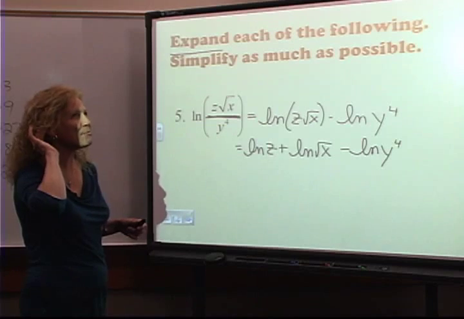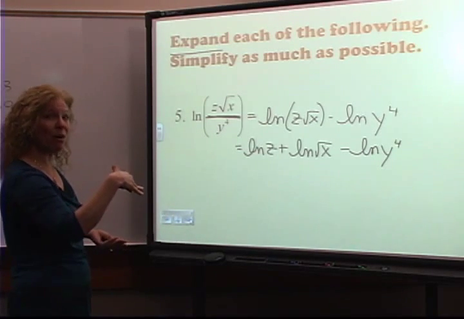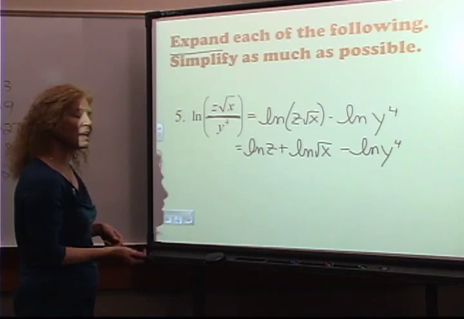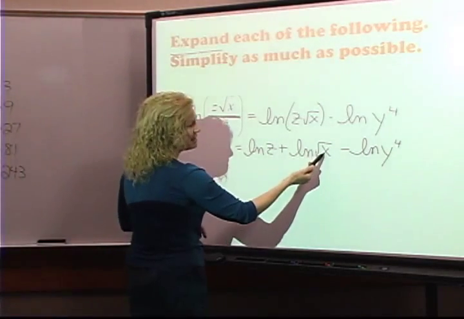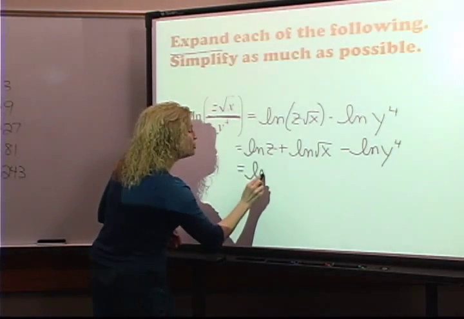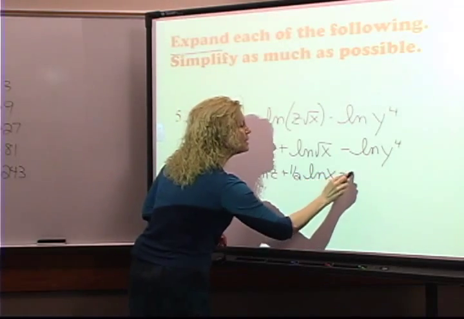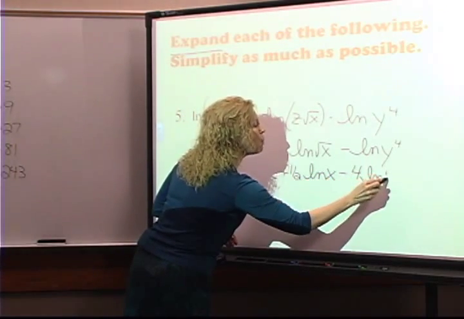Yes, I hear the clamoring. Bring down the 4, bring down the 4. I could have brought down the 4 on that step if I wanted to, but I'm also thinking this guy is x to the 1/2. So I've got natural log of z plus 1/2 natural log of x minus 4 natural log of y.